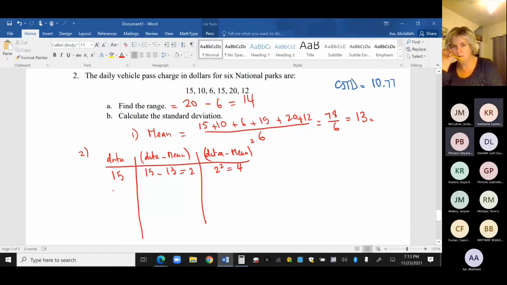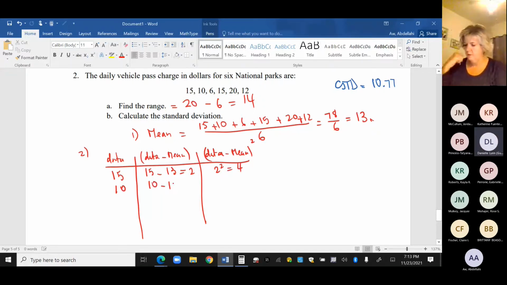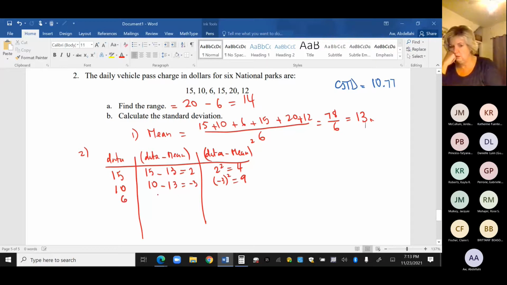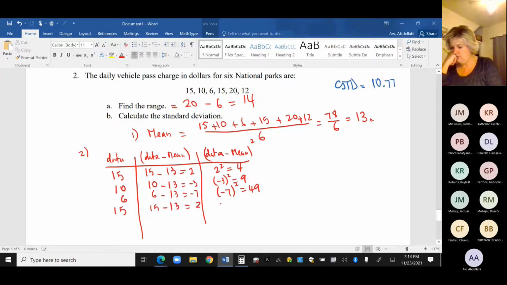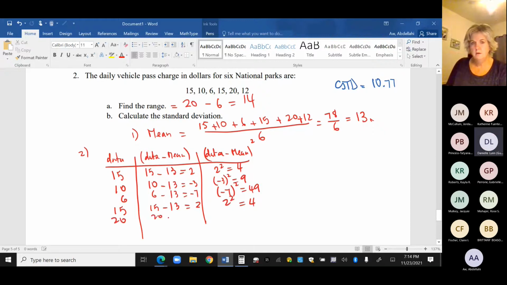10 minus 13, which is negative 3. Negative 3 squared is 9. 6 minus 13 is negative 7, and negative 7 squared is 49. 15 minus 13 is 2, and 2 squared is 4. 20 minus 13 is 7, and 7 squared is 49.